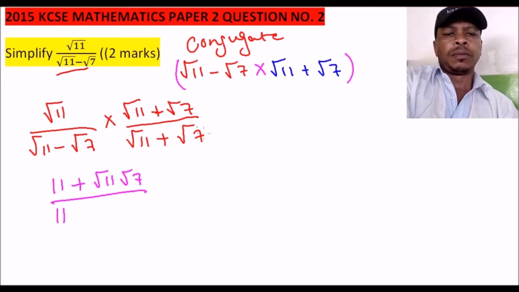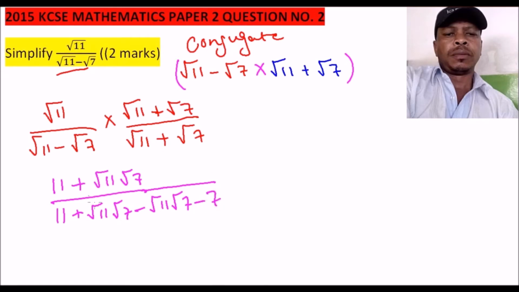Alafu root 11 times root 7 itatupatia plus root 11 root 7. Alafu tuna multiply minus root 7 times root 11 itakupatia minus root 11 root 7. Na tukimultiply minus root 7 na root 7 itakupatia minus 7.